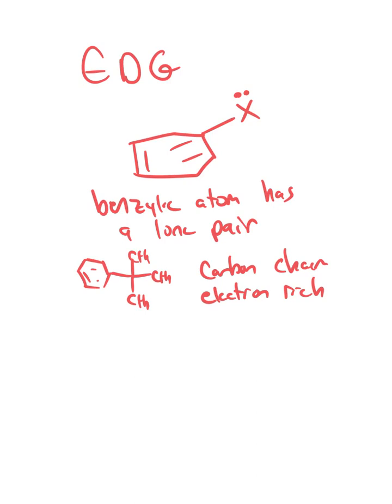Okay, so the donating groups all have this group off of the ring with a lone pair on it. Anytime you see that, it's going to be a donating group.